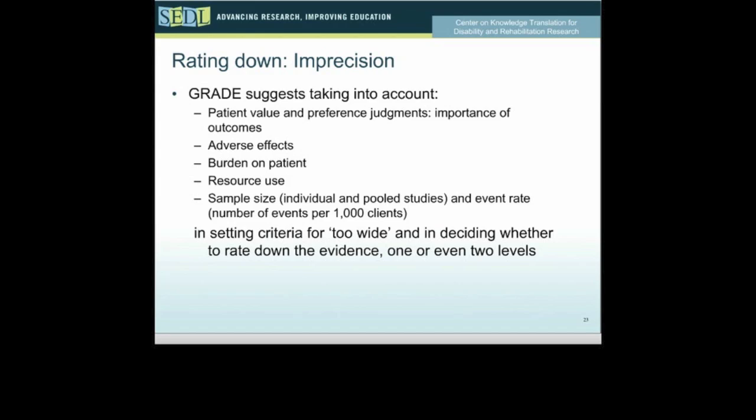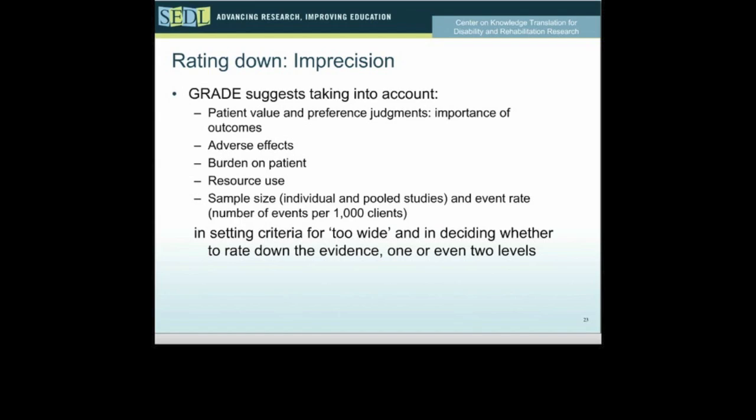And in doing so, take into account the patient's values and preferences. Again, what are the important outcomes and which ones are not so important? What are the adverse effects? What are the burdens on the patient? What are the resources that are taken by the treatment and the comparator? And what's the sample size and the event rate in individual studies and in pooled studies?